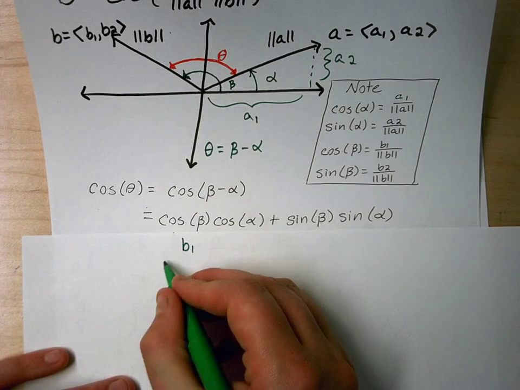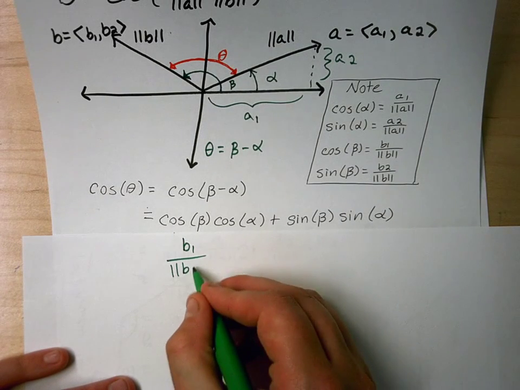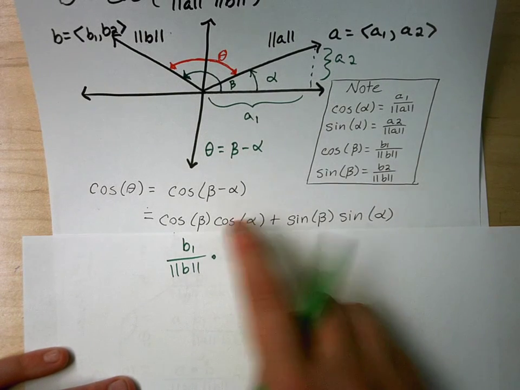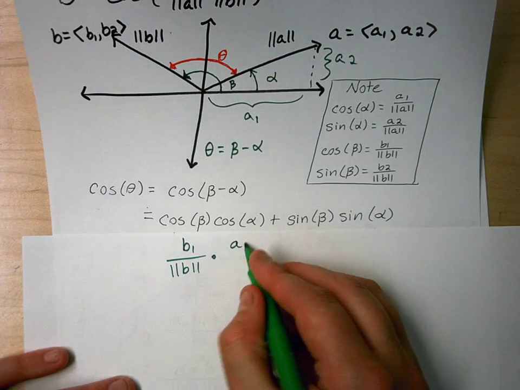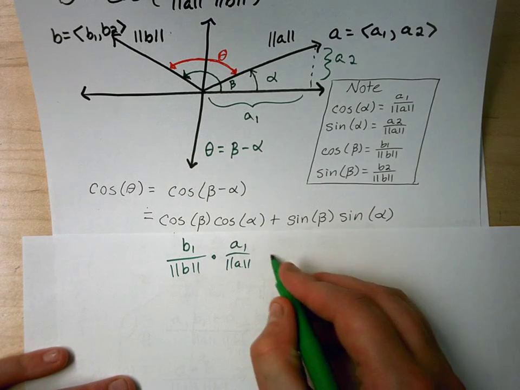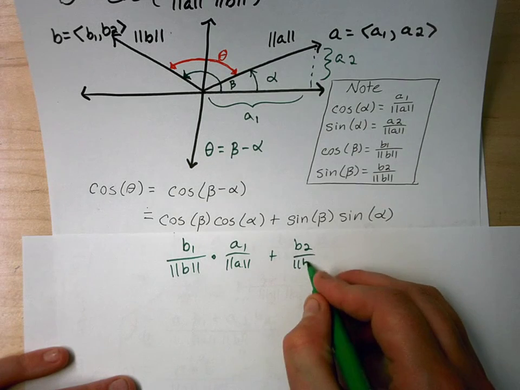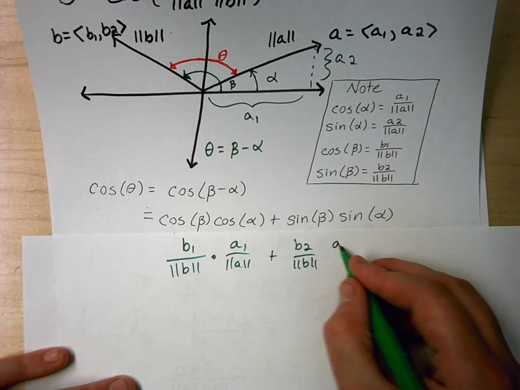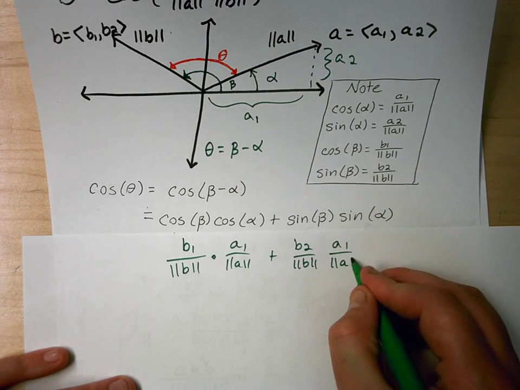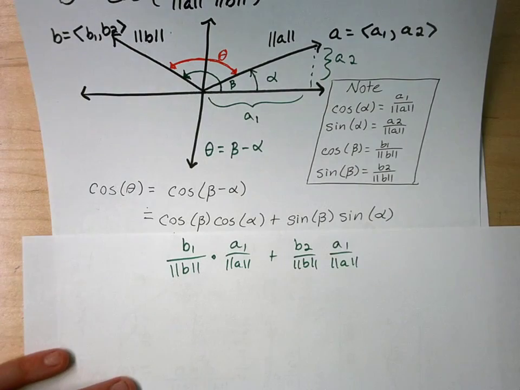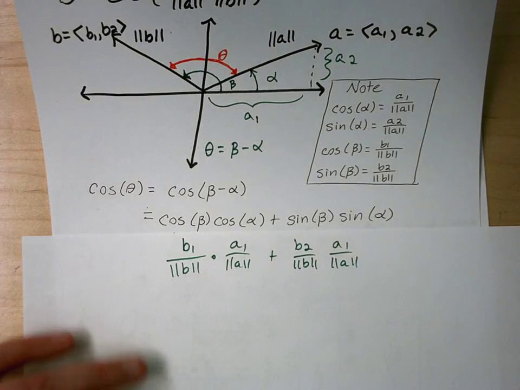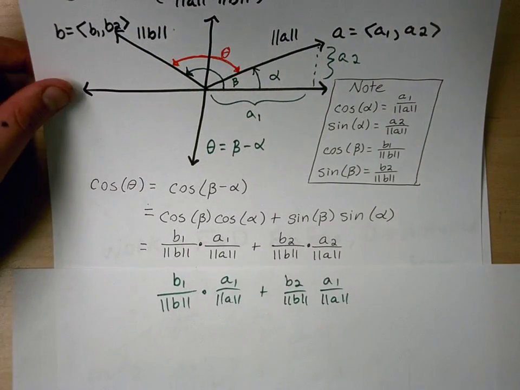We substitute in B1 over magnitude B, this guy is A1 over magnitude of A. Similarly here, B2 over magnitude B, and that's A2 over magnitude A. All I did was some substitution, as I have written down here.